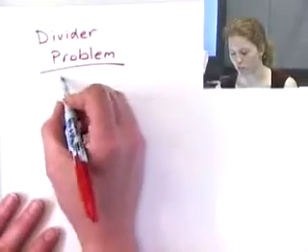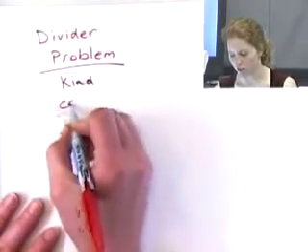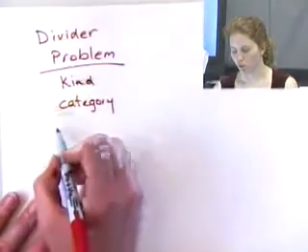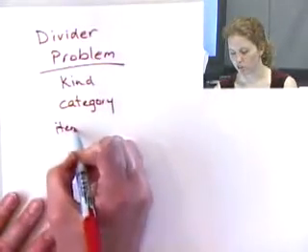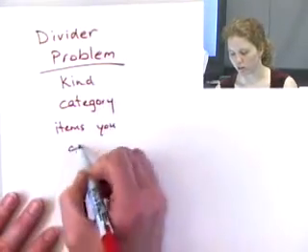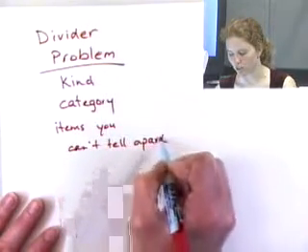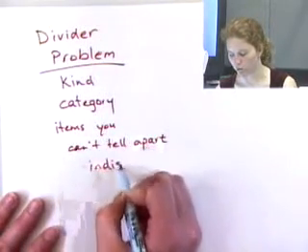So we're going to have multi-stage problems also, where you're going to have to do different things. So we'll do that. But if you see the word kind, category, or if they're items you can't tell apart. Indistinguishable. That's right, indistinguishable items.